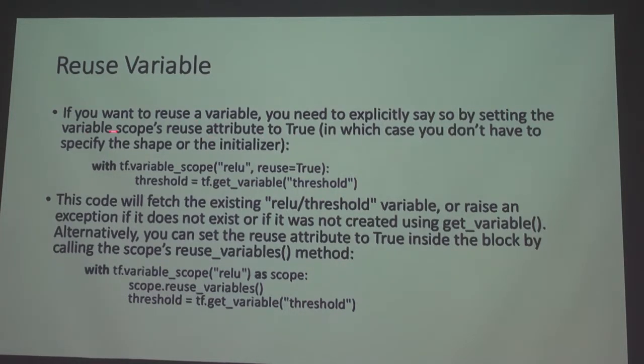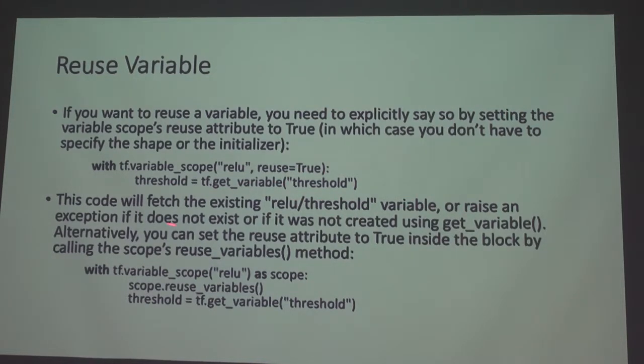So you can set a particular variable scope's reuse to True. In that case, you don't have to specify the shape or the initializer. In this tf.variable_scope you can see that not only is it "relu" but also reuse equal to True, and in here you can get the threshold by using get_variable.